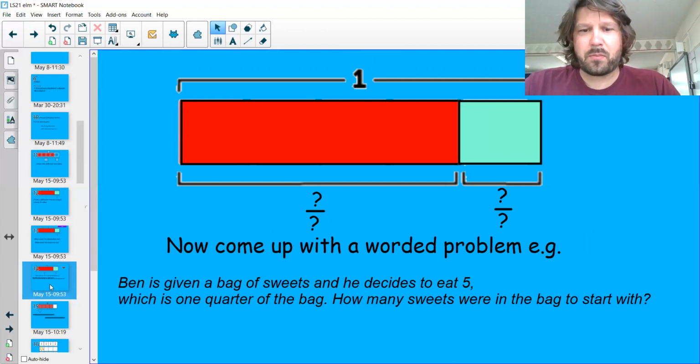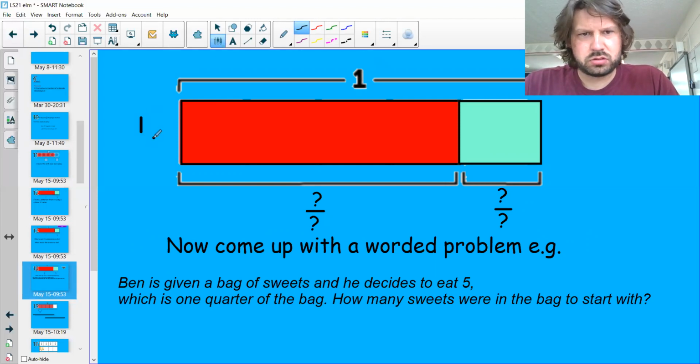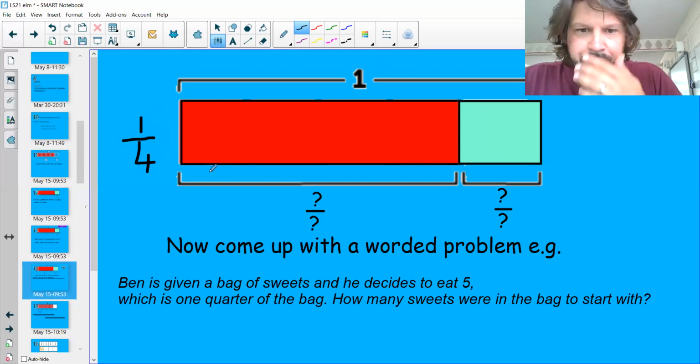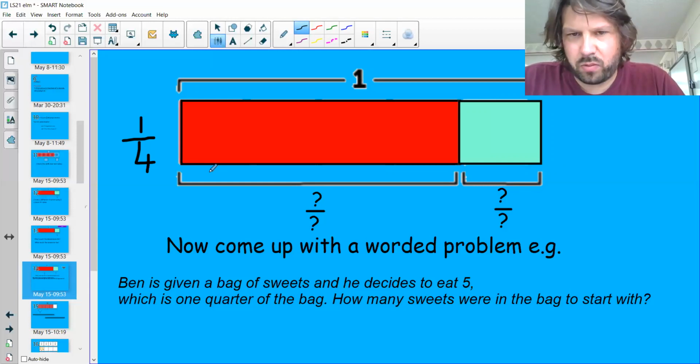So Ben is given a bag of sweets and he decides to eat 5, which is 1/4 of the bag. 1/4, remember 1/4, that's a unit fraction, 1 over 4. So how many sweets were in the bag to start with?